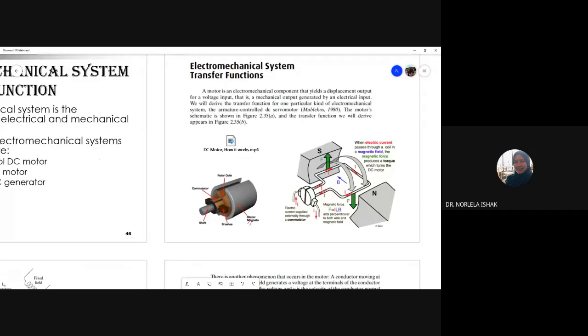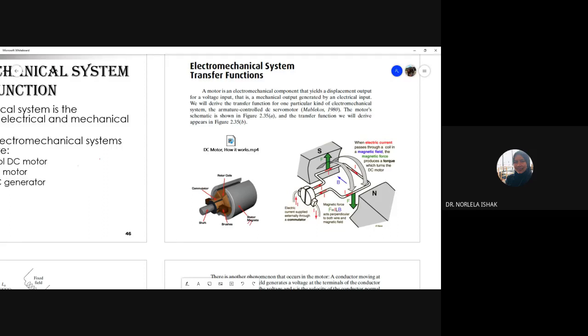So you can see from the figure. Actually I already shared one video, but you have to Google this link, DC motor, how it works. After this class, I want you all to get this link, DC motor, how it works.